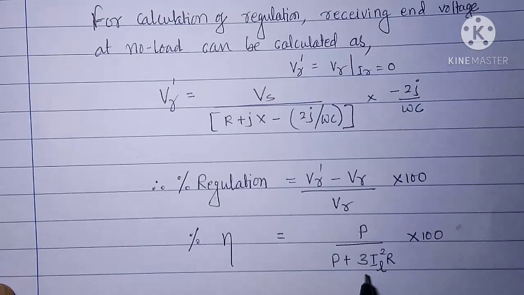Because line losses are now only taking place in R, and through R IL is flowing. We need to calculate three-phase loss, because here P is three-phase receiving end power. So you have to multiply IL square into R by 3.